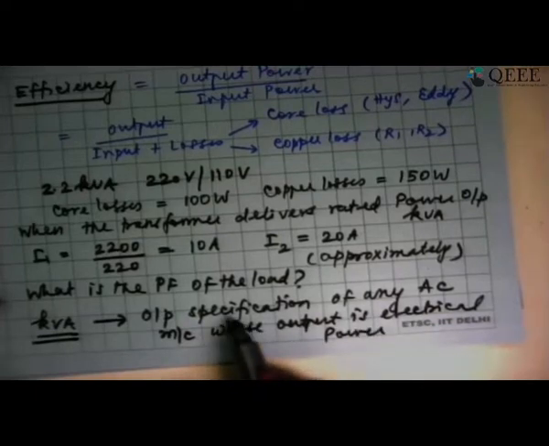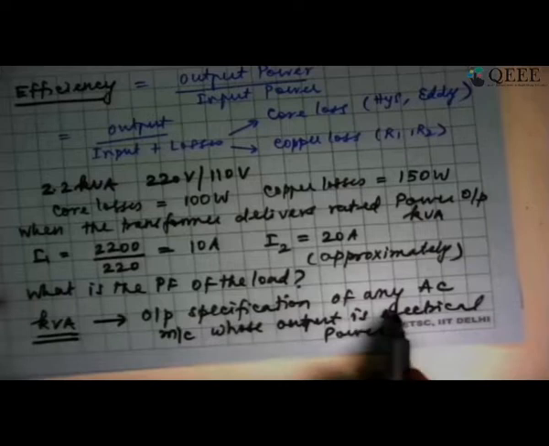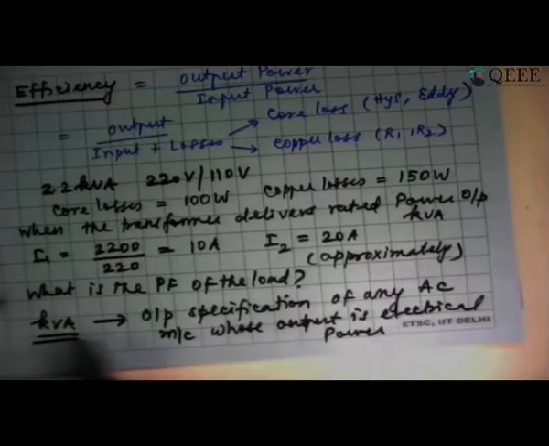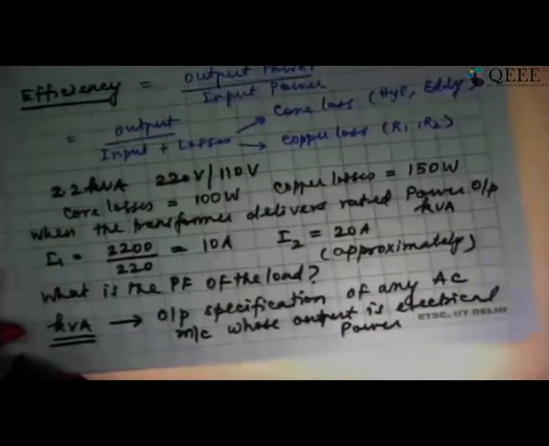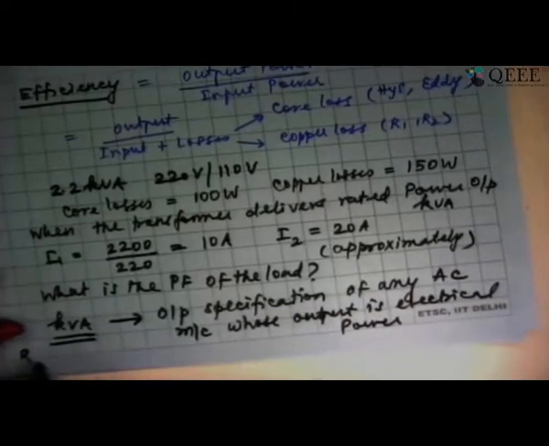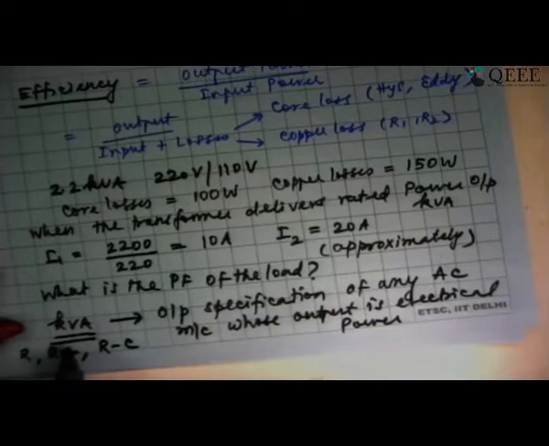So whenever I am having an AC machine which is delivering electrical power output, then I have to specify it in terms of kVA, because I may connect R load, I may connect RL load, I may connect RC load. Correspondingly, my power factor is going to vary. I really don't know what kind of load is going to be connected to my electrical machine.